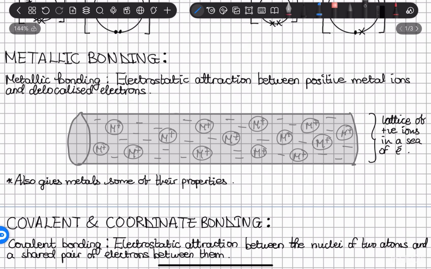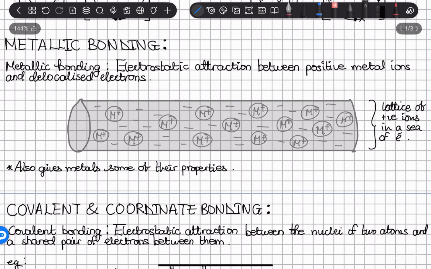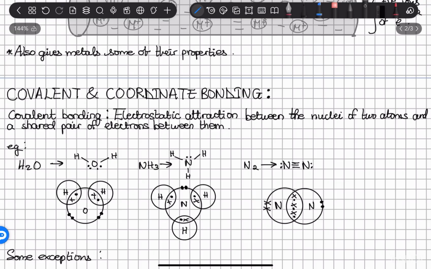And delocalized means that the electrons have been removed from their atoms and they're just kind of free and moving around, which is why we often say it's a sea of electrons. I wouldn't say movement because they're kind of rigid, but it's how their arrangement is described. And this gives metals some of their properties, which I've already explained. So that's for metallic bonding.